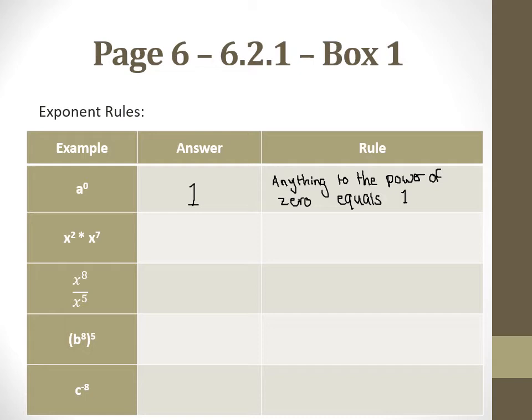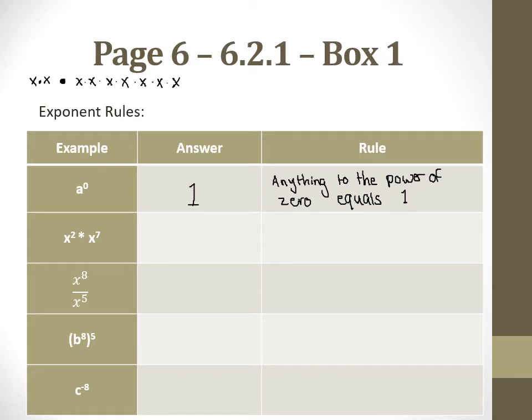Our next example here, we have two different exponents being multiplied together. X squared times x to the 7th. And a way that you could visualize that one is if you write the whole thing out. X squared is the same as x times x, and then we're multiplying that by x to the 7th, which is x times itself 7 times.